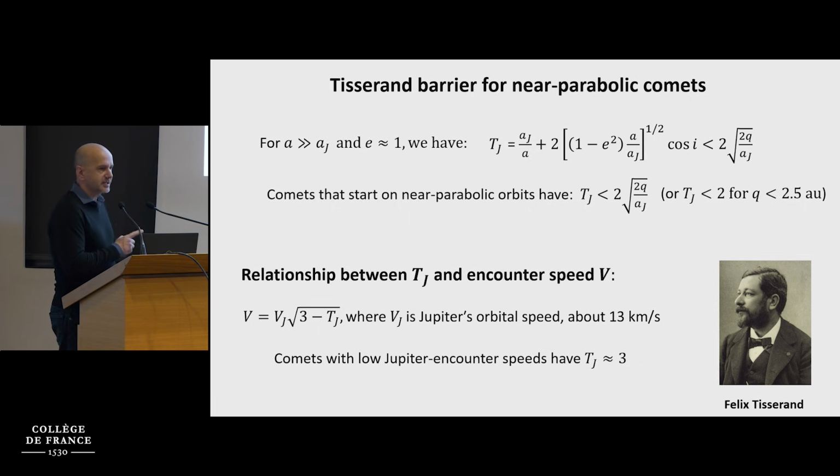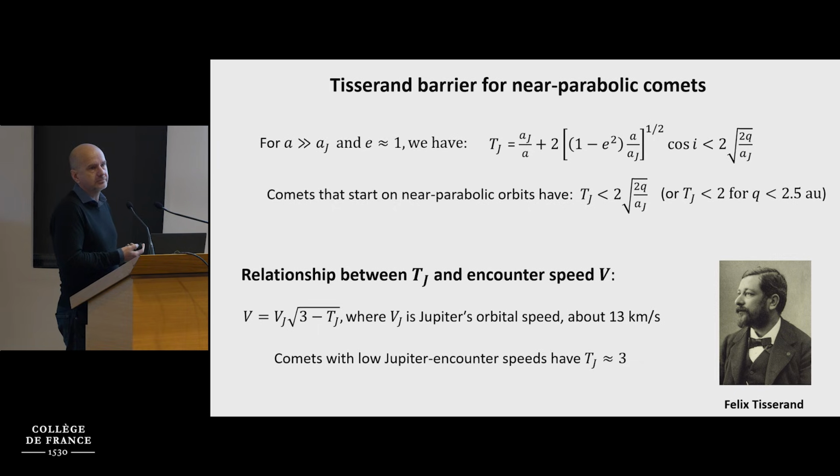So the comets that are in the Jupiter family have low inclinations and semi-major axes close to Jupiter. This means that when they have an encounter with Jupiter, the encounter velocity will be relatively low, right?